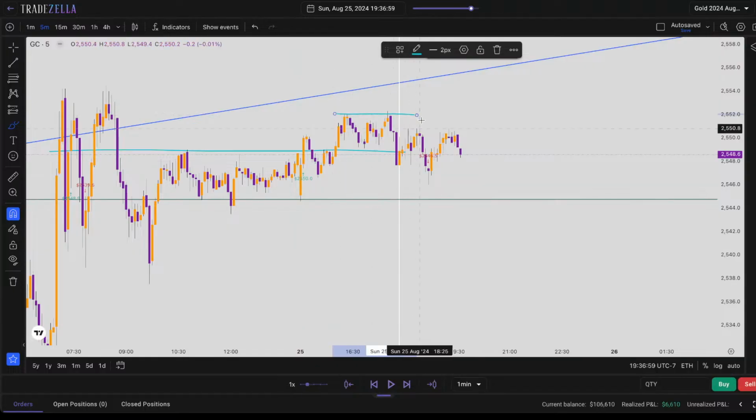We like tops. You know, we're thinking she wants to push back down here and see what happens. You know, I think that's what's going on here.